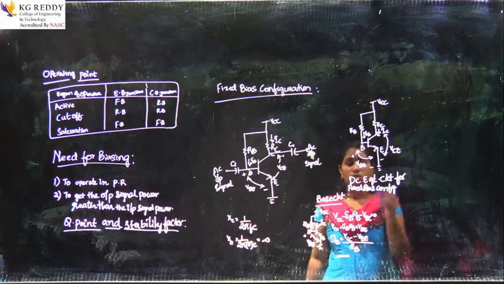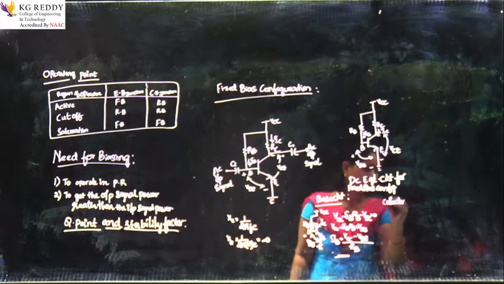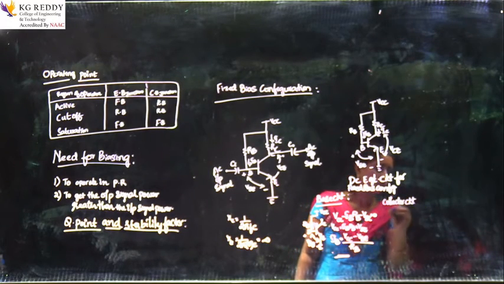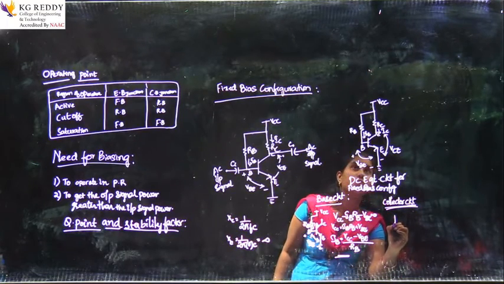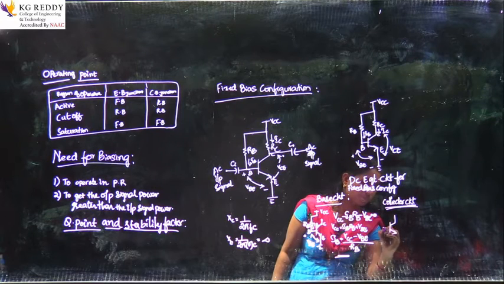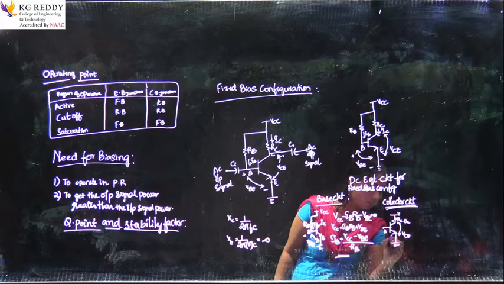Now, let us draw the collector circuit. RC will be there, with IC current and VCE; this one is the collector terminal and emitter terminal.